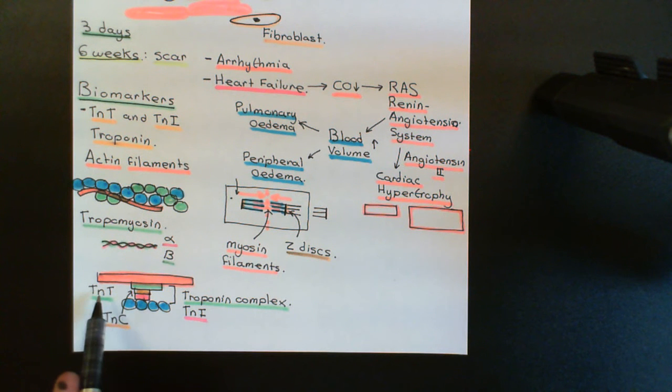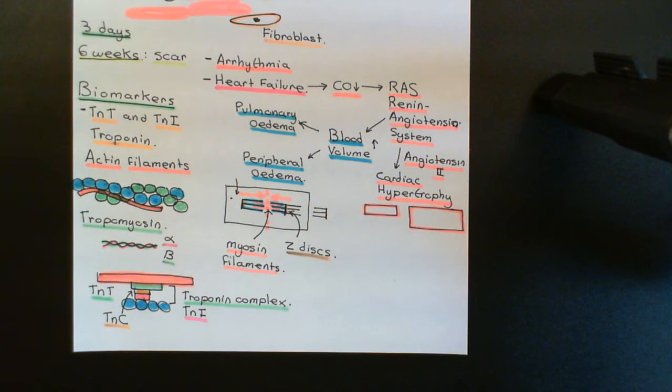So there are different genes for troponin T proteins, different genes for troponin C proteins, different genes for troponin I proteins, and these different genes will make slightly different proteins with different sequences of amino acids. However, the proteins are similar enough that they perform the same role physiologically, okay, which is why we just abbreviate them all down and call them all troponin T proteins, but the actual structure of those proteins differs.